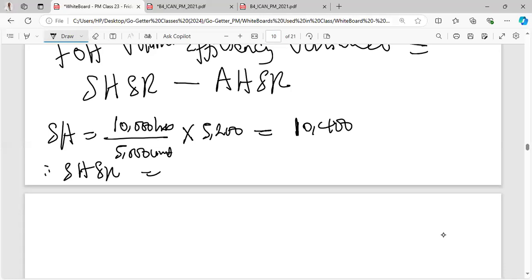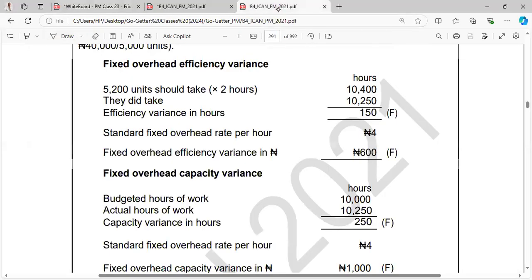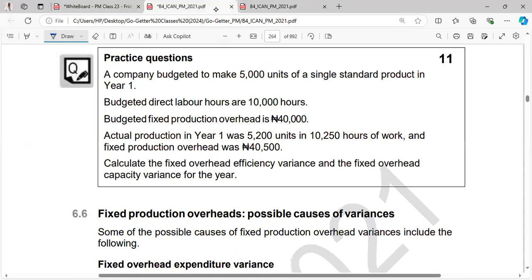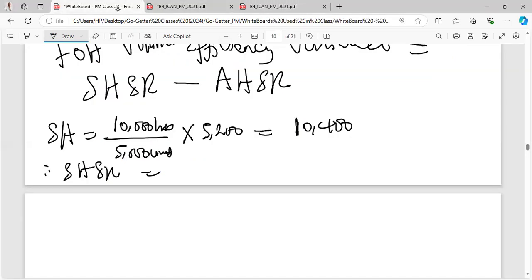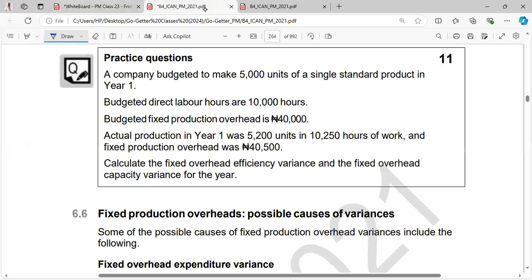What is the standard rate? We are supposed to look for the standard rate. We have looked at standard hours, standard rate. This is what is budgeted for the whole of 5,000.